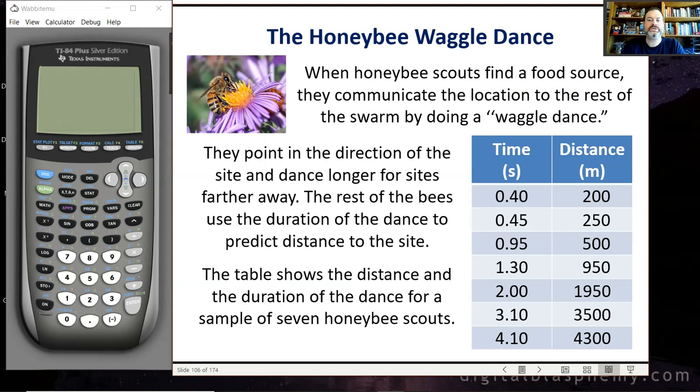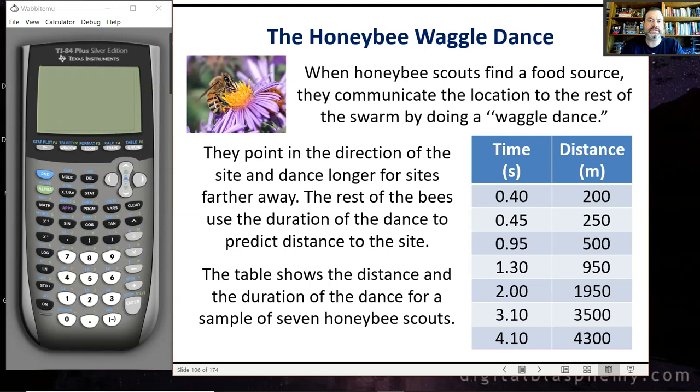The scatterplot we just saw has to do with honeybees dancing around when they find food. It's called a waggle dance. This is data from an experiment done on 7 honeybee scouts. The idea is that when the food is farther away, the honeybee scouts dance for a longer period of time.